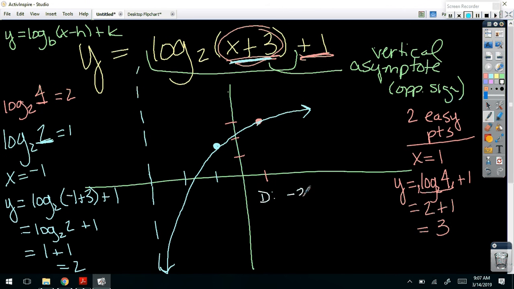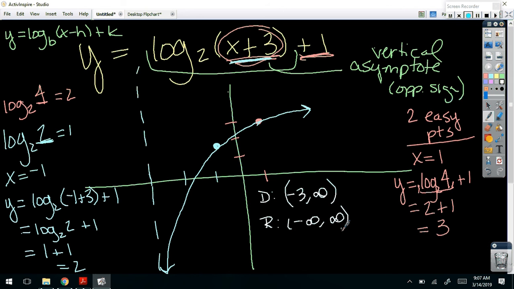It's -3 to infinity because domain is left to right. This time instead of the range restricted, it's the domain restricted. How about the range? Range will be negative infinity to infinity. Absolutely. So the hardest part this time is to figure out which points are the easiest.